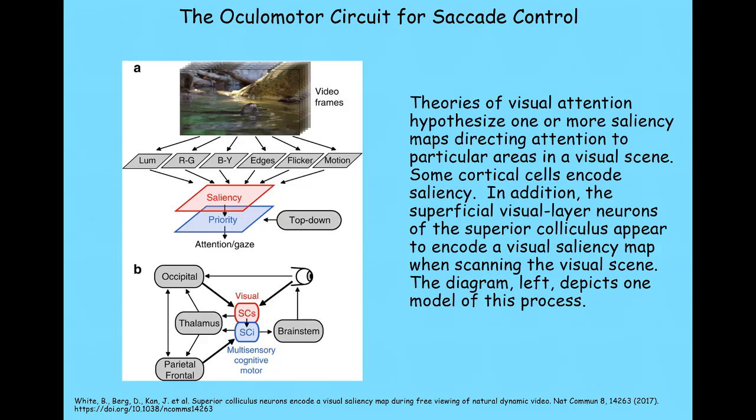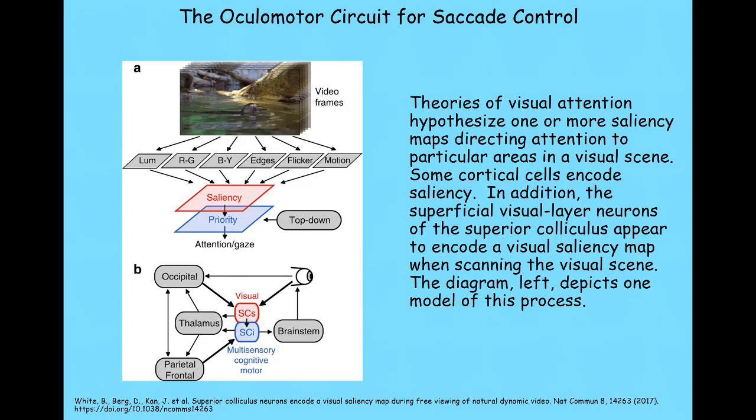They determine what's saccade worthy, as it were. Now, some cortical cells are known to encode saliency. In addition to that, though, these superficial visual layer neurons of the superior colliculus function to encode a visual saliency map when scanning the visual scene.